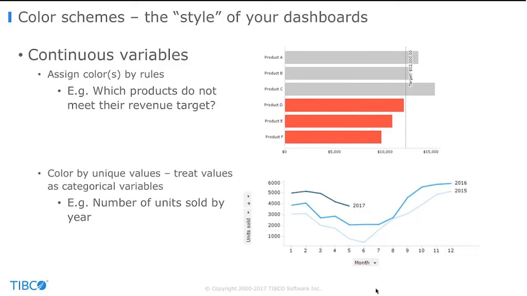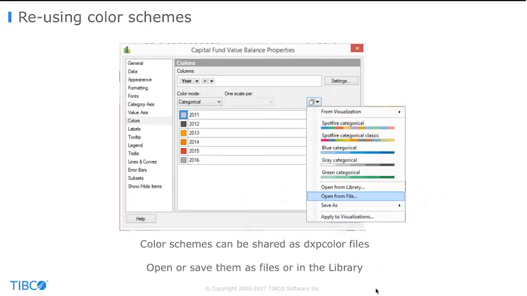The darkest color is 2017, and the blue gets lighter as we go back in time. And then next slide, I've discussed the different examples of applying color schemes to categorical variables and continuous variables.